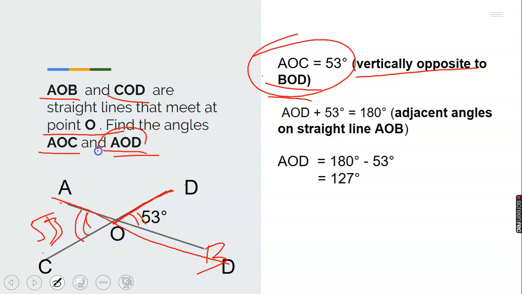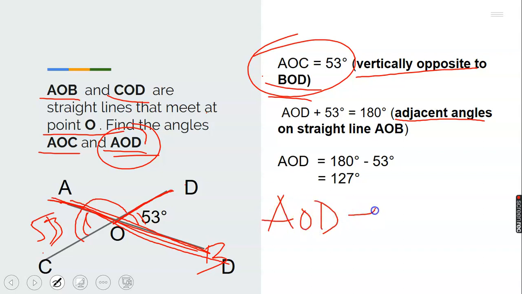Now, to find AOD, we can consider it as two adjacent angles. We know that the sum of two adjacent angles on a straight line AOB equals 180. That is, AOD plus BOD equals 180 degrees.